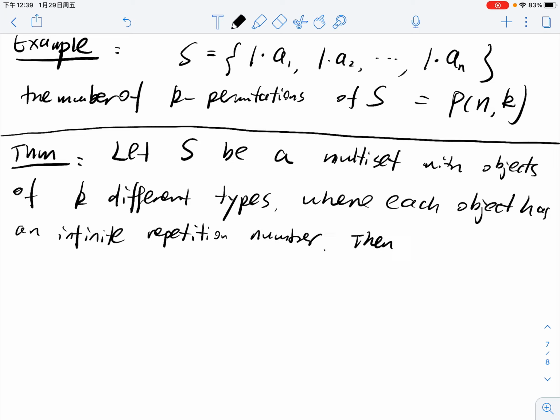Then the number of r permutations of S is k to the r's power.